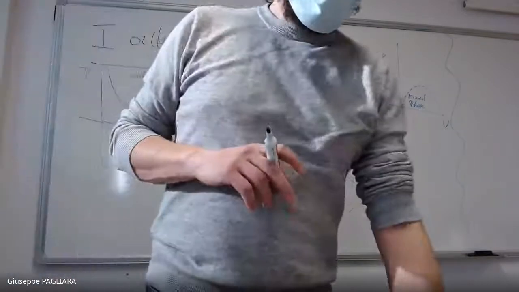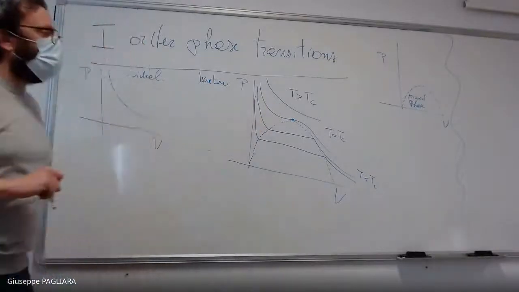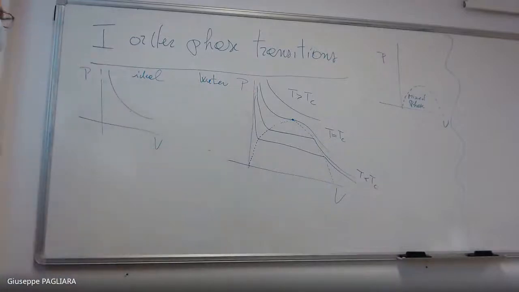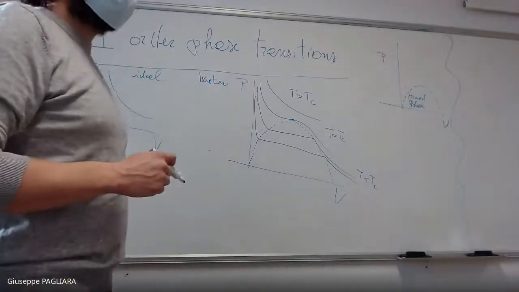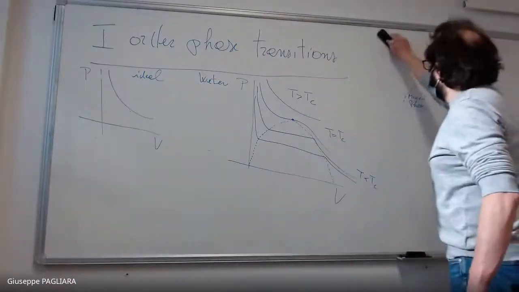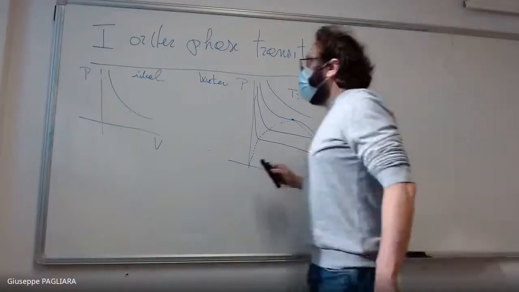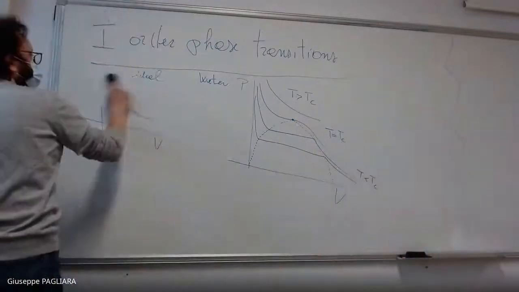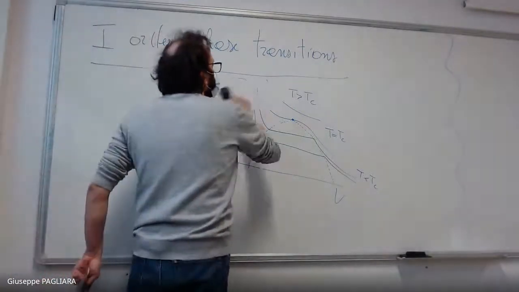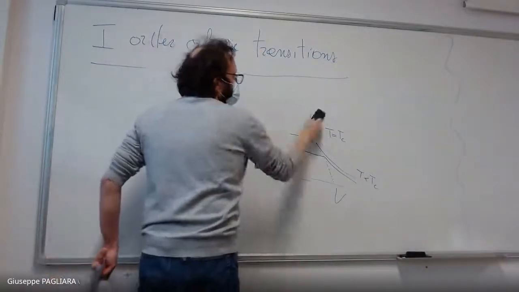Okay, so what we have to introduce in order to have a richer structure of the phase diagram and also this kind of phenomena is to introduce interactions between particles. Okay, and those interactions can be included in a phenomenological way in a model which maybe you have heard of, which is the van der Waals model.